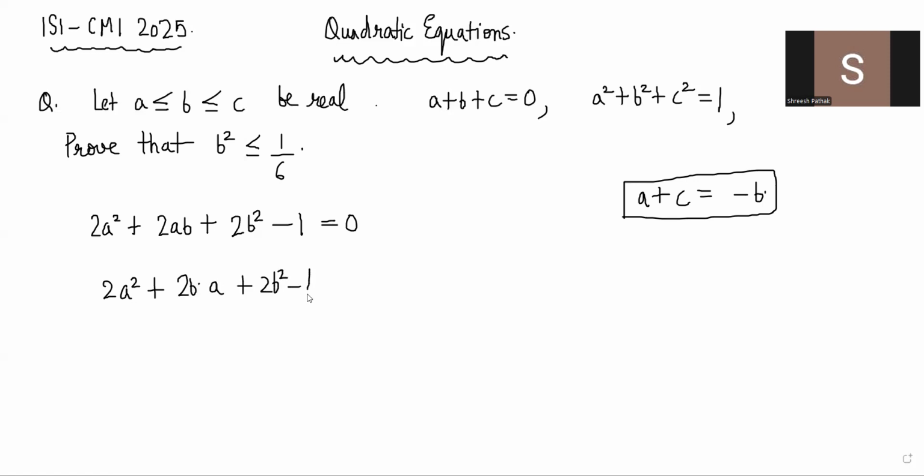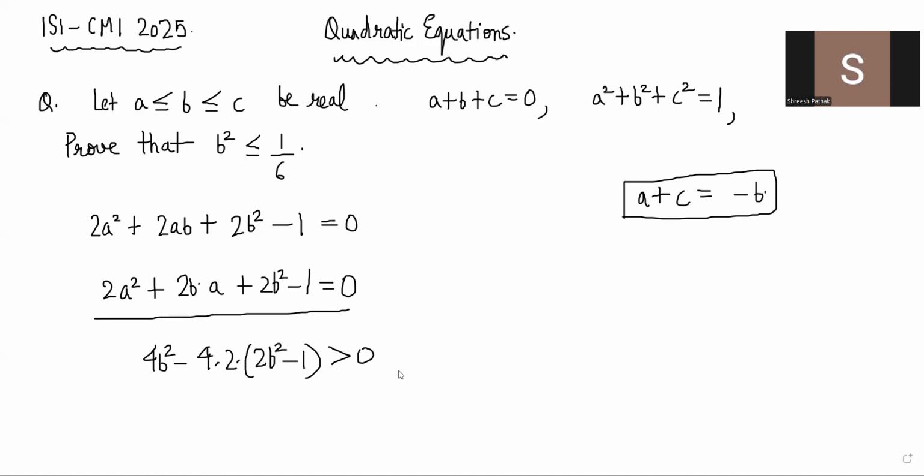Then D should be positive. So I think we are getting a kind of subset here. We are getting minus 12 B square plus 8, so 12 B square is less than equal to 8.